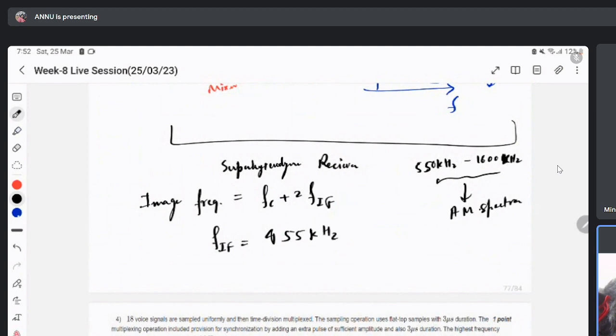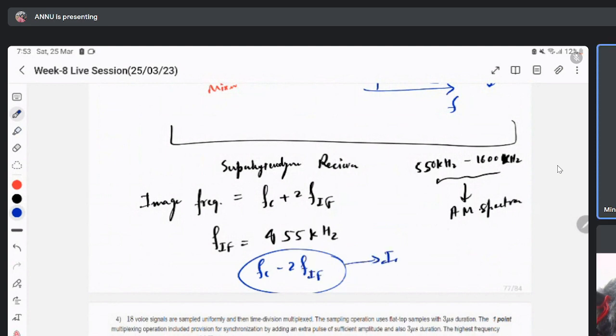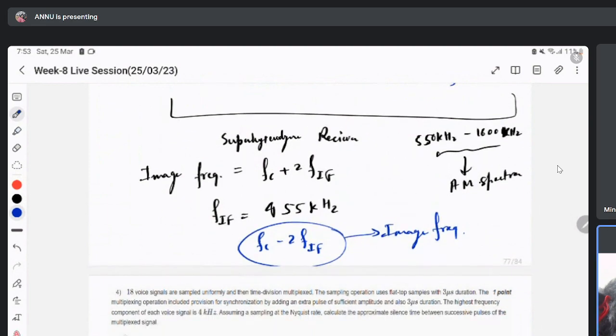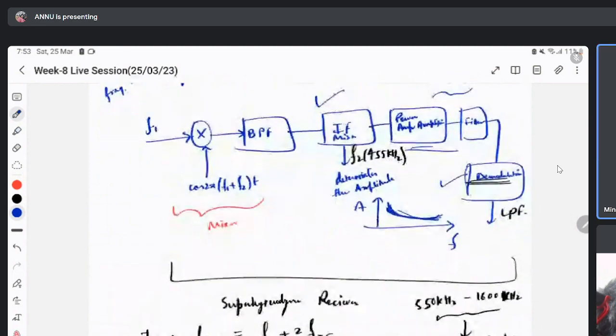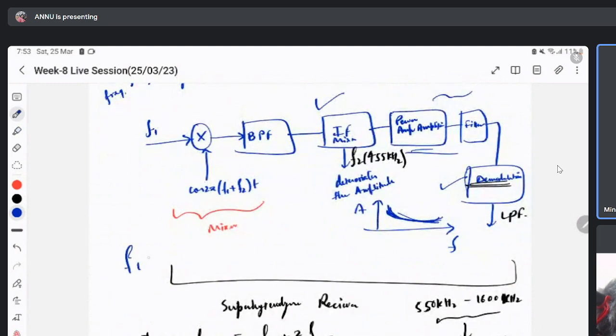And what is the frequency name for FC minus 2IF? Don't know, ma'am. Sir didn't teach this. Okay, so this is also sometimes called image frequency, when you have input F1 less than F2.